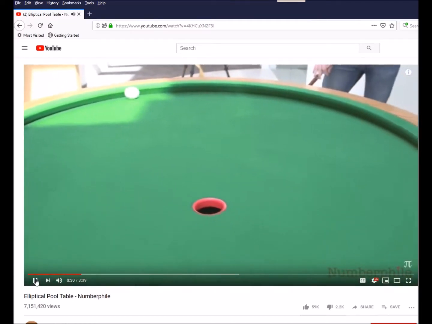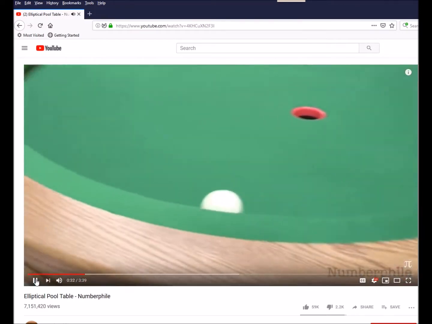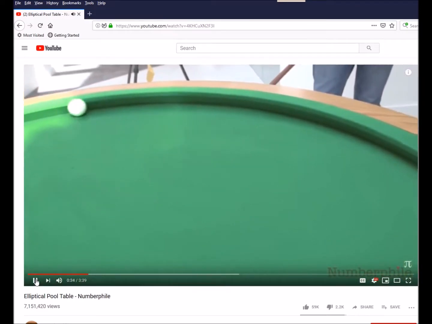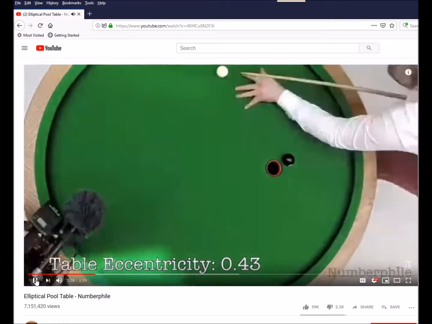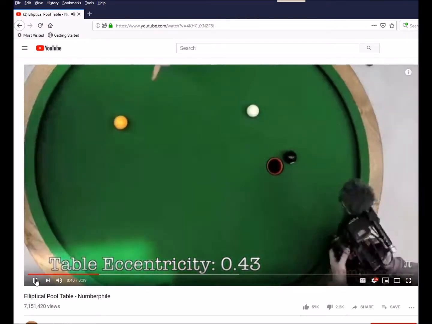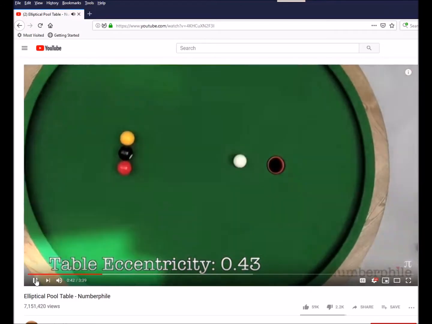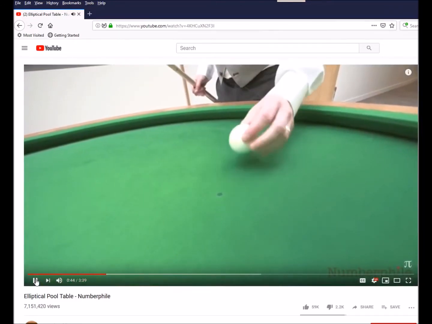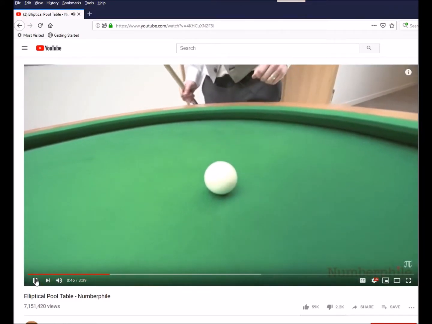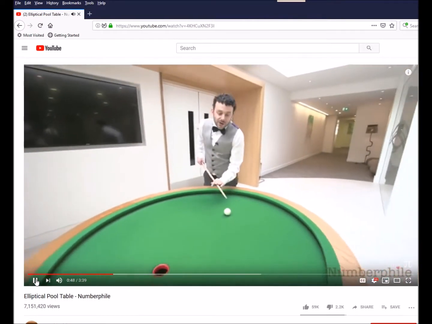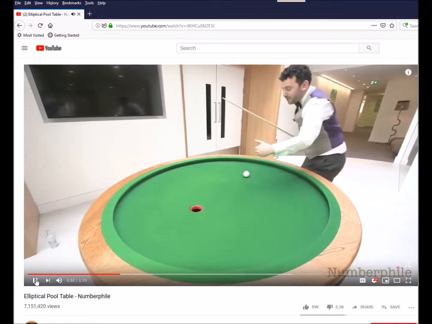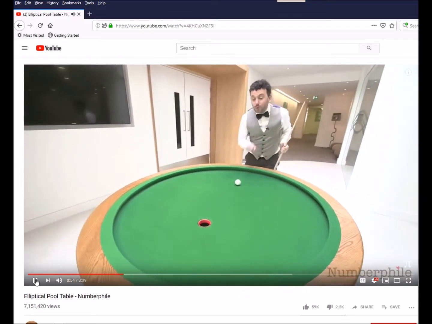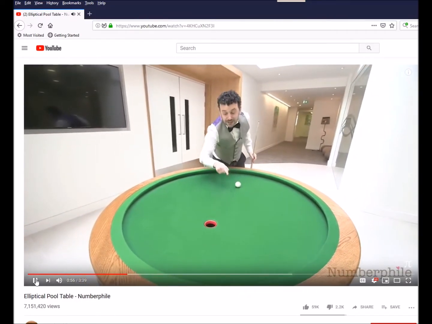The shape is an ellipse, and ellipses are an interesting type of shape because they can come in an infinite number of varieties. The geometrical property of ellipses, which is why I have made this table, is the fact that if you place a ball on a focus point, wherever you hit it, in whichever direction, it will always rebound into that pocket.